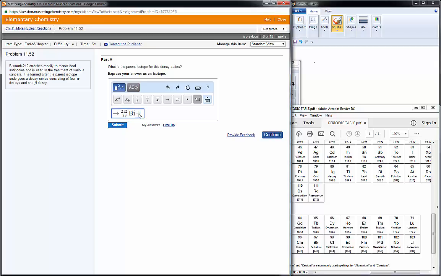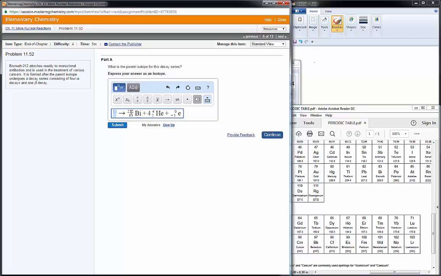And it tells me that it also makes 4 alpha particles and 1 beta particle as part of this decay series. So alpha particles look like this, and beta particles look like this. And they want to know, what did I start with?